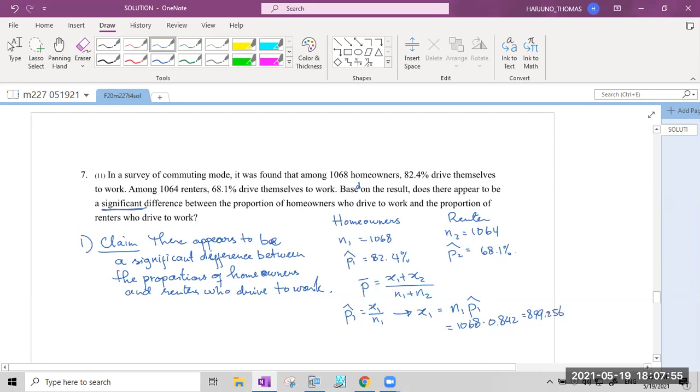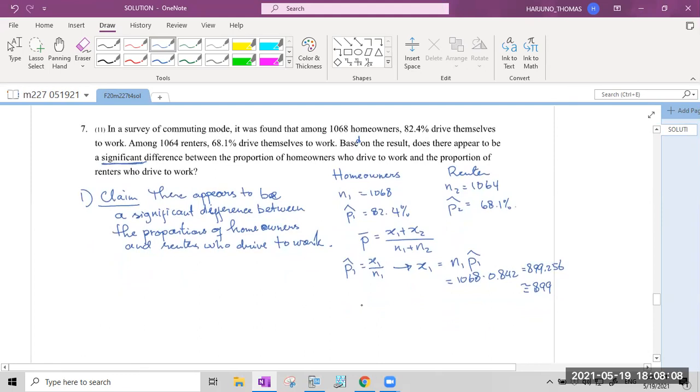Usually we round it, because this is the number of successes. So we will use 899. While x2 will be n2 times p2 hat, which is 1,064 times 0.681.